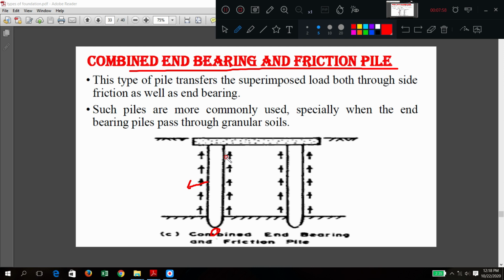Here they generally pass through the granular soils, means here sand is there or gravels are there, as well as at the bottom hard strata is there. So that time if you make the surface of these piles rougher, then load will transfer through side friction also and end bearing also. Okay, both ways possible. So these are called end bearing piles.